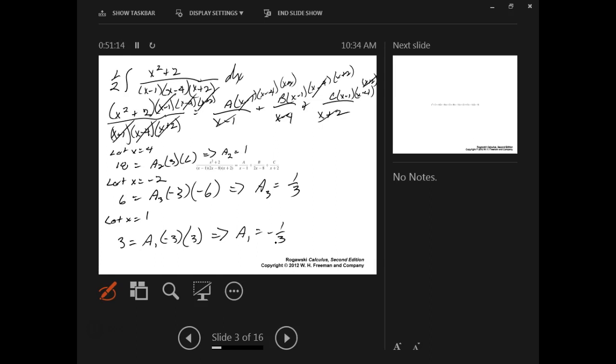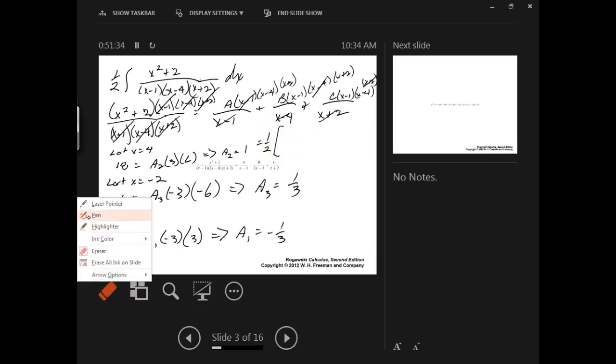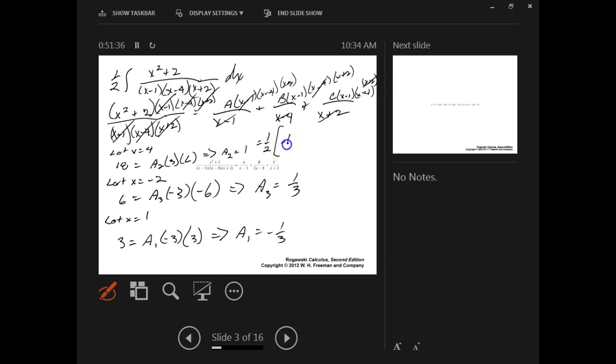I just don't have enough room on this little bitty screen here. Okay. So this integral becomes 1/2 the integral of, well, let's see, -1/3 the integral of dx over x minus 1, right?